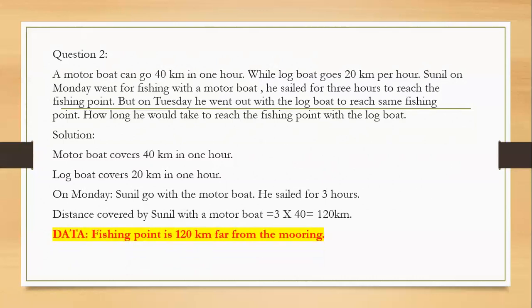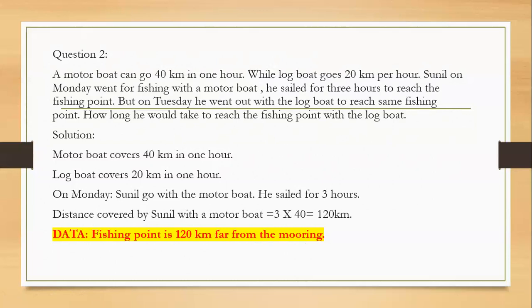So from this information, you have to understand that the fishing point is 120 kilometer far from the mooring. Do you understand this word mooring? Mooring is a place where the boats are tied.